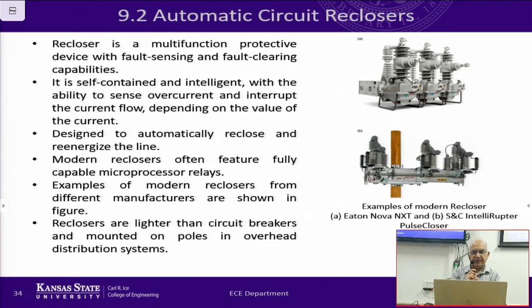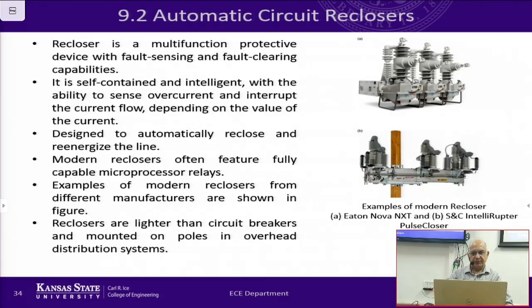These are self-contained and intelligent devices which have built-in sensing and decision-making capability. Of course, the current crop of reclosers have microprocessors locally located there. They have intelligence, they can do calculations, and they also have communication, so their settings can be remotely changed and so on.